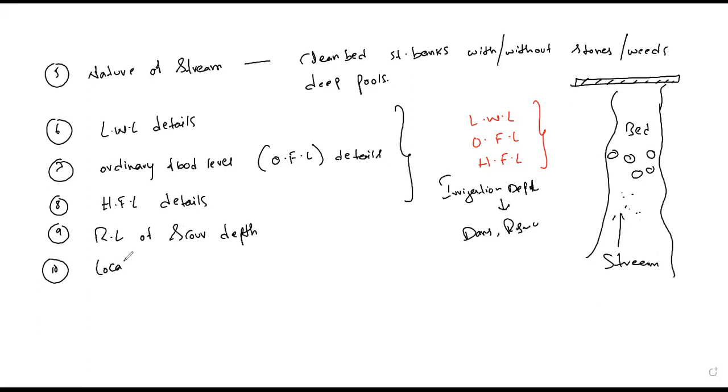So one should identify what is the location on plan, for trial pit borings, because you have already seen in a number of places, if they want to construct any bridge, first they will go for trial pit borings to know what is the soil strata, soil structure below the ground.